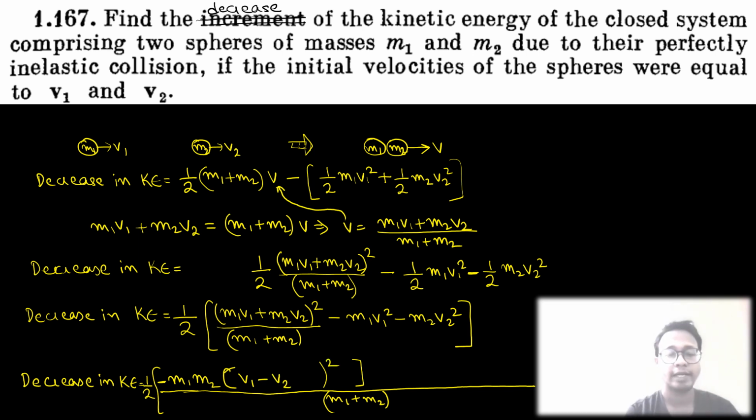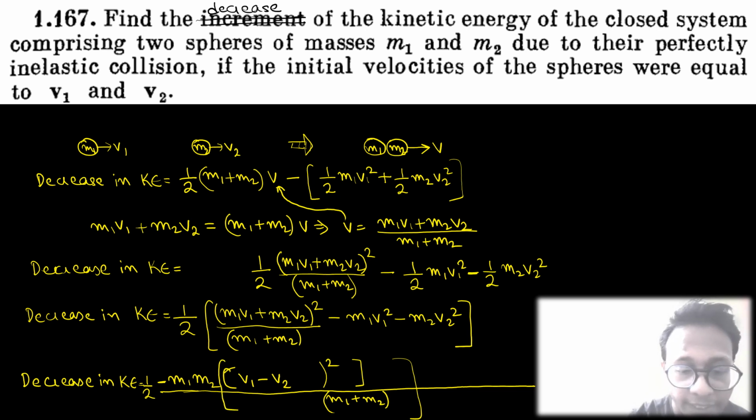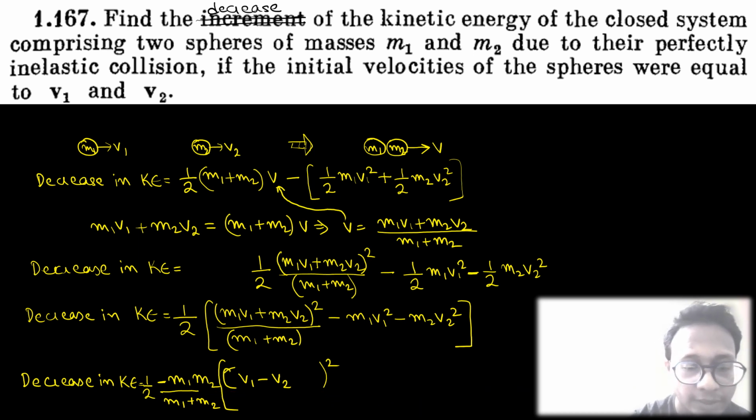Now if I take this entire thing common, decrease in kinetic energy is nothing but, I'm taking m1 m2 common, outside the bracket. I'm even taking this m1 plus m2 outside the bracket, divided by m1 plus m2. The bracket should be erased, and this bracket has no sense right now.